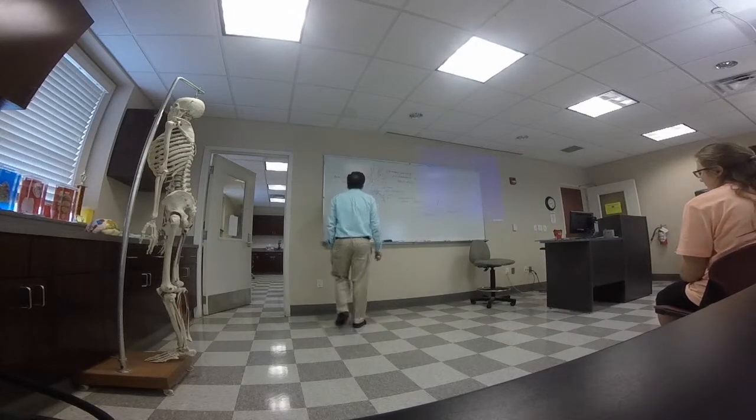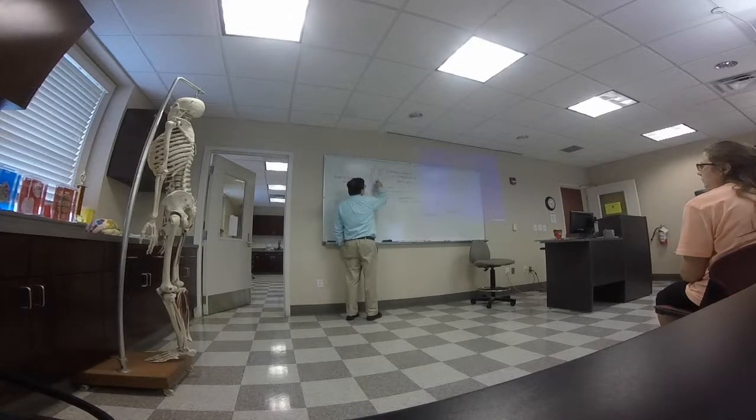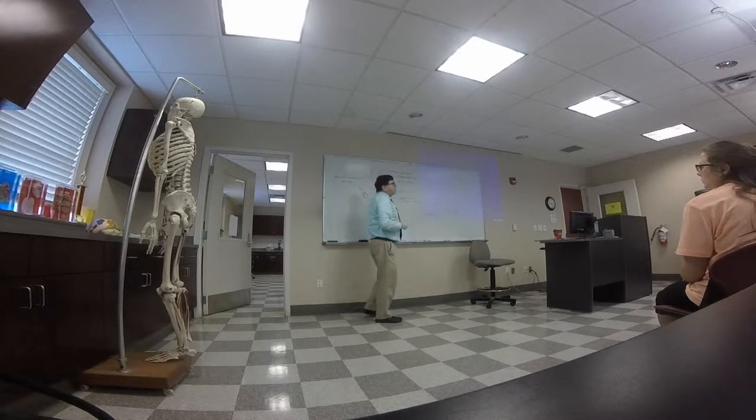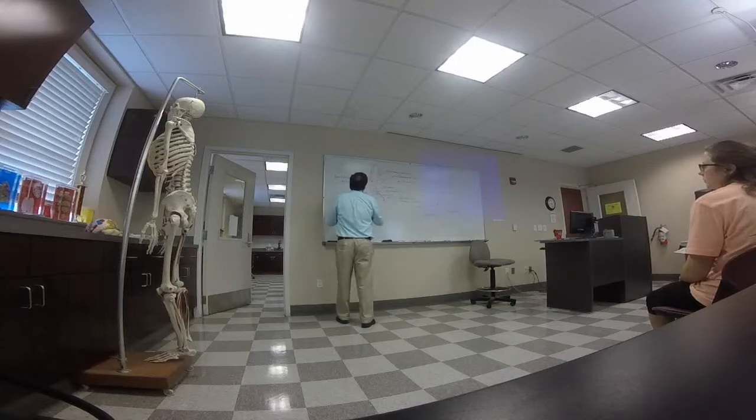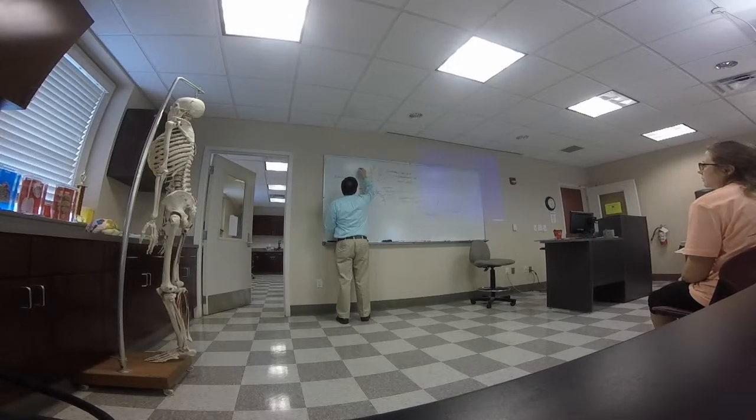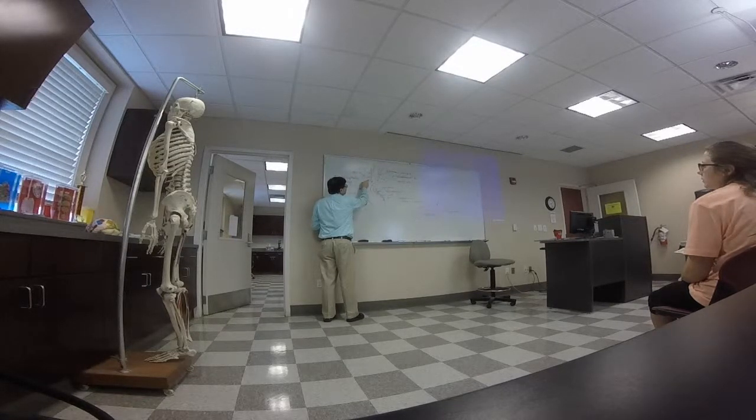Okay. Notice that the left common carotid and the left subclavian artery come directly off the aortic arch, whereas on the right side, the corresponding right common carotid artery and the corresponding right subclavian artery, they come off a trunk, the brachiocephalic trunk, or you can call it the brachiocephalic artery.